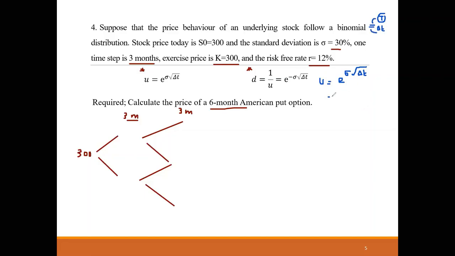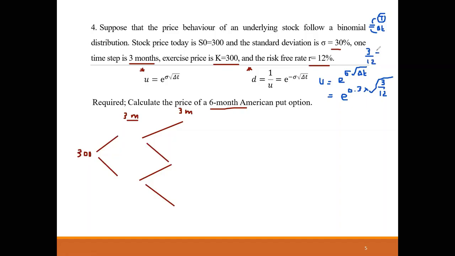So based on this, what is the value of U? e to the power sigma, which is 0.3, 30%, multiplied by the square root of the 3 months time step, so 3 over 12. 3 over 12 is in fact 0.25.